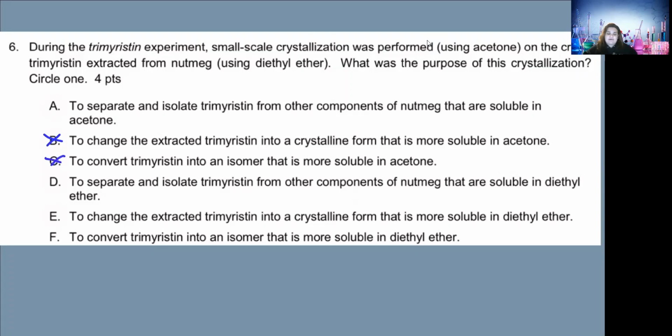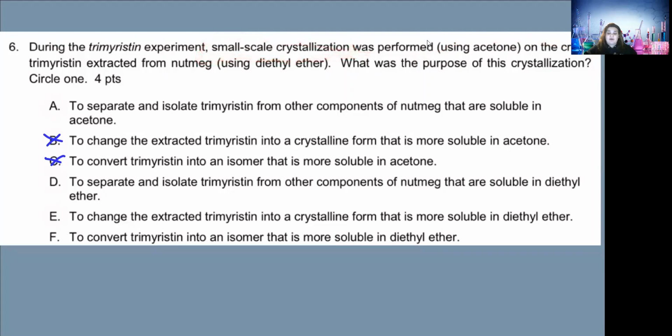No. D, to separate and isolate trimeristin from other components of nutmeg that are soluble in diethyl ether. Yes, that is exactly the purpose of the crystallization, right? That's what they're asking for. So they're asking, what's the purpose of the small scale crystallization?